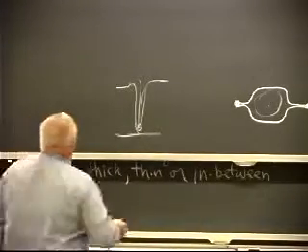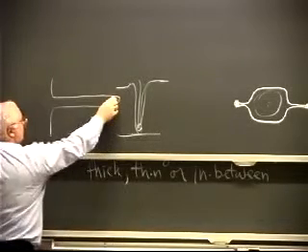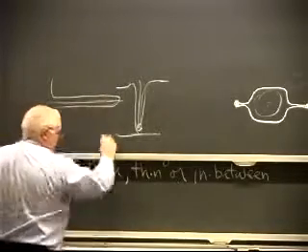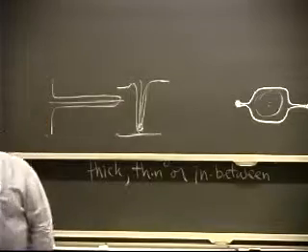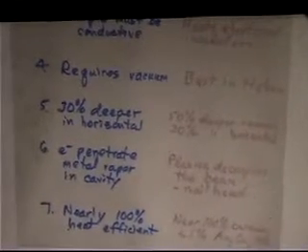If I'm going horizontally, now the liquid slumps this way, and I get a free shot down to the bottom of the hole, and that means I can actually penetrate more deeply because I don't have gravity getting in my way.